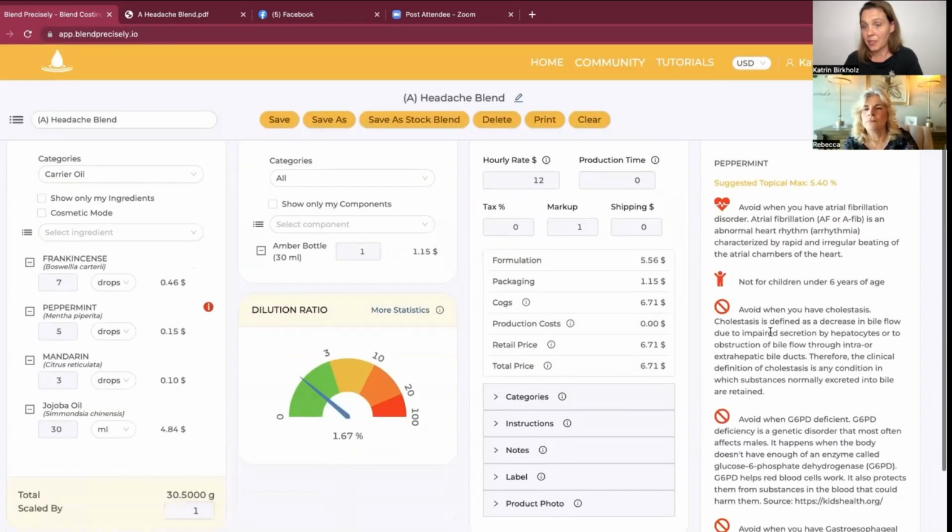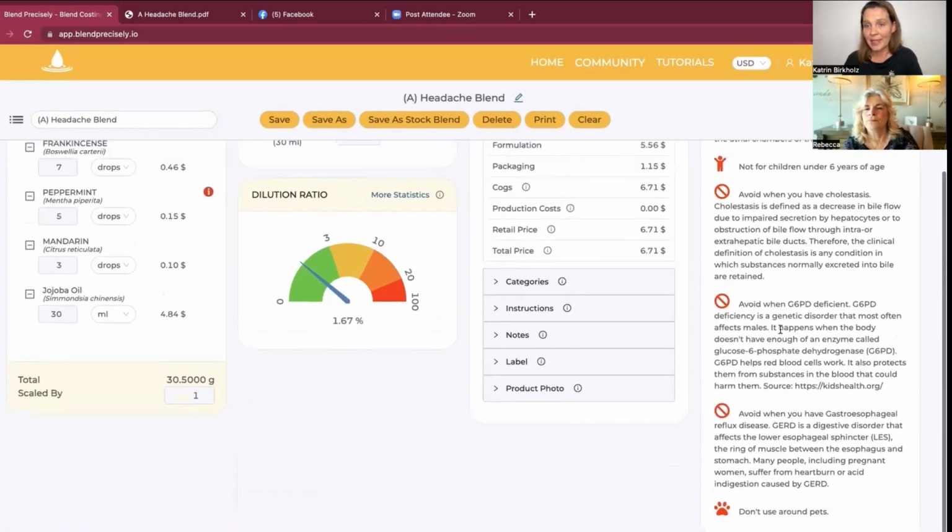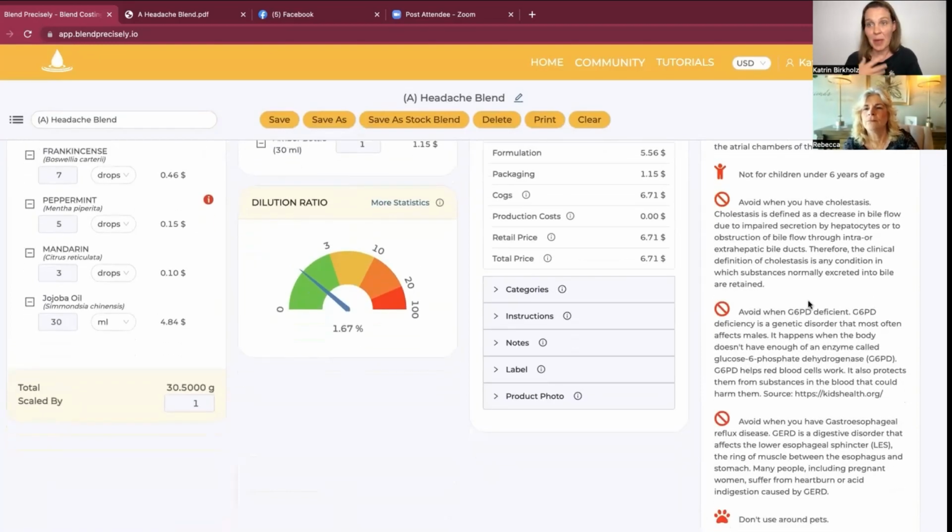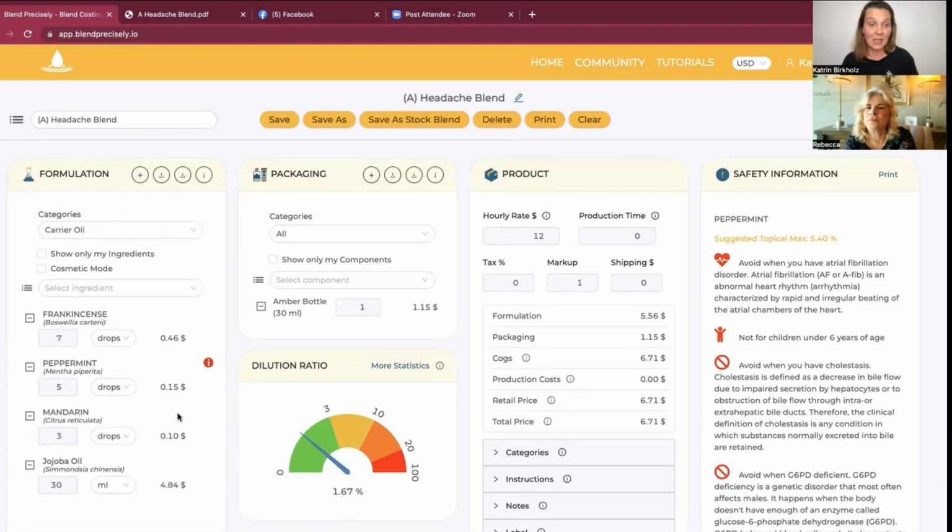Or you go down the list, for children or pets or something else, it's all coming up here on the right-hand side. So if you use, of course, lemon and peppermint and all of this, the safety information might go down and is a longer list. If you use just peppermint, as in this case, you can just make sure based on what you entered that you're in the safe zone already.